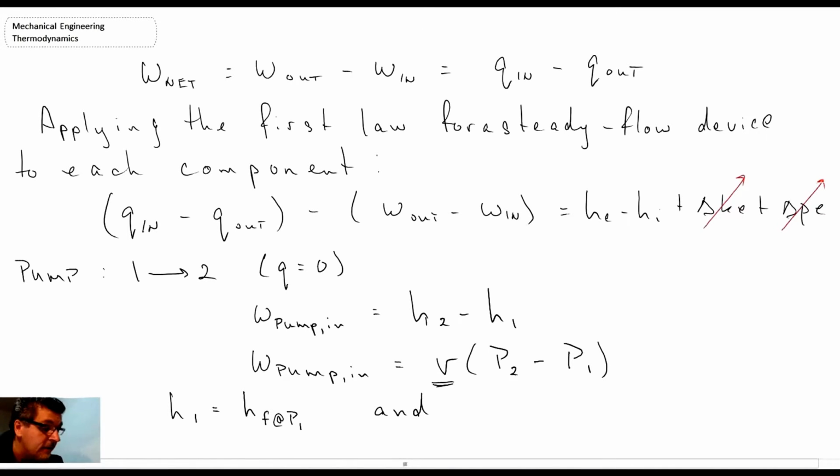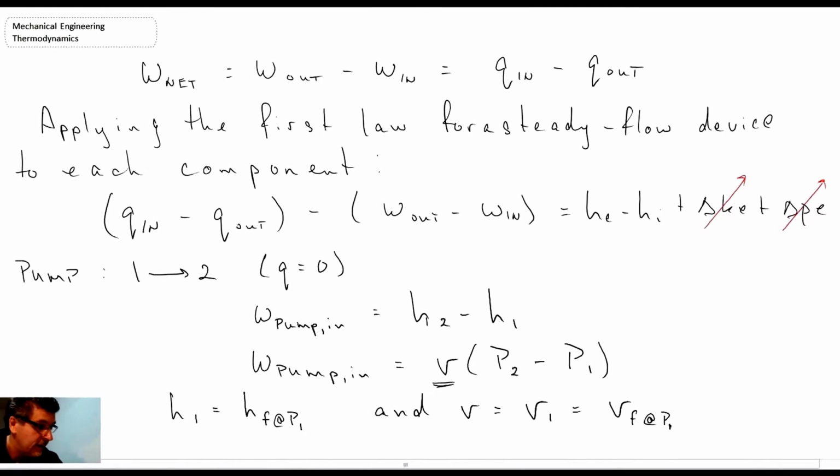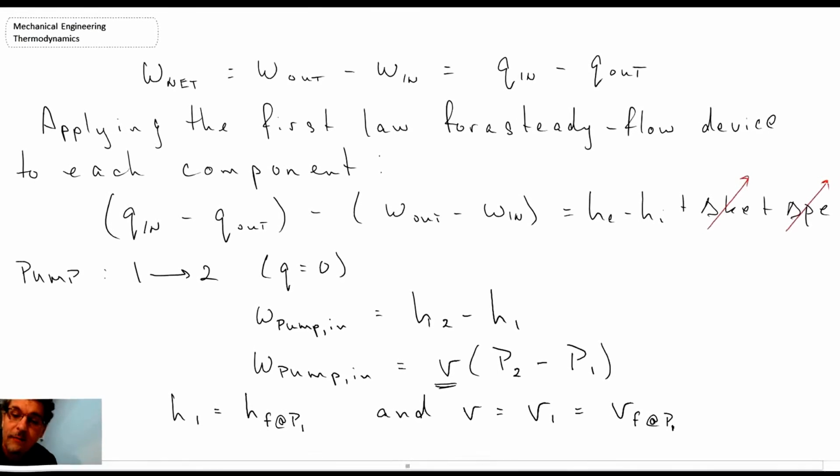The convention we will use is that the specific volume will also be at state 1, the specific volume for a saturated liquid at pressure P1, the pressure going into the pump. You determine your specific volume there. You usually know the pressure differential, and from that you can determine the work that you're putting into the pump.